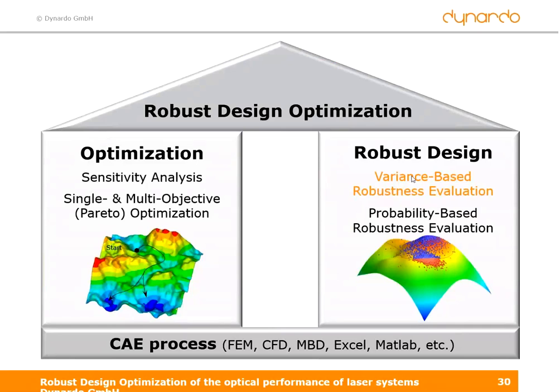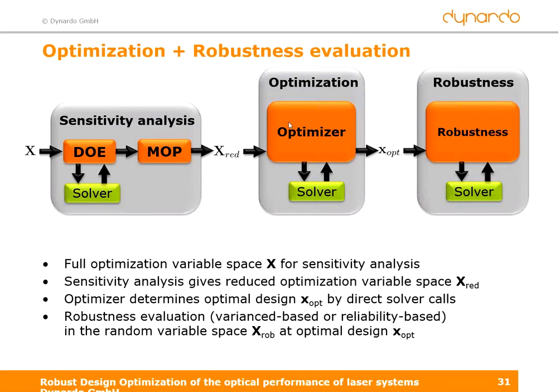After getting this best design, you can evaluate the robustness of your design. And for that, you can go again step by step, using this optimized design and give it to optiSLang, where actually a quite similar, like a second sensitivity analysis is performed, but here different input parameters are selected.